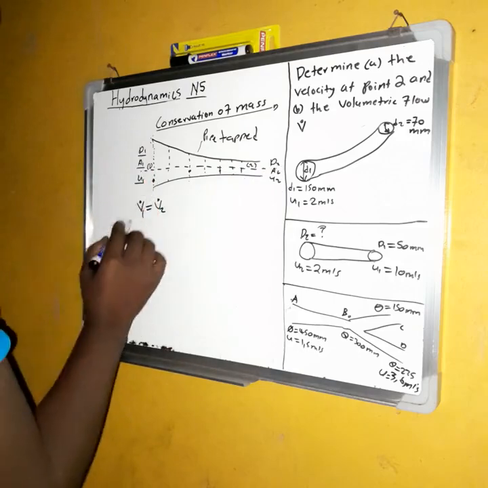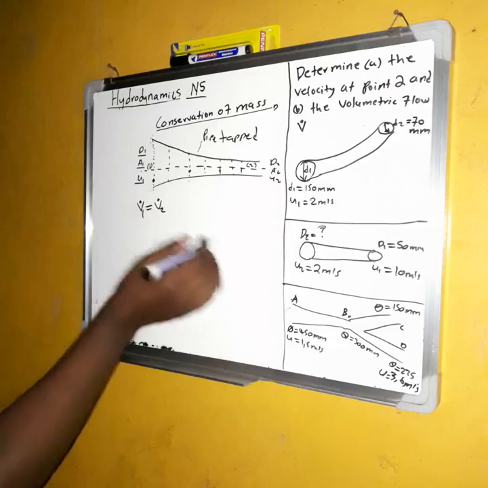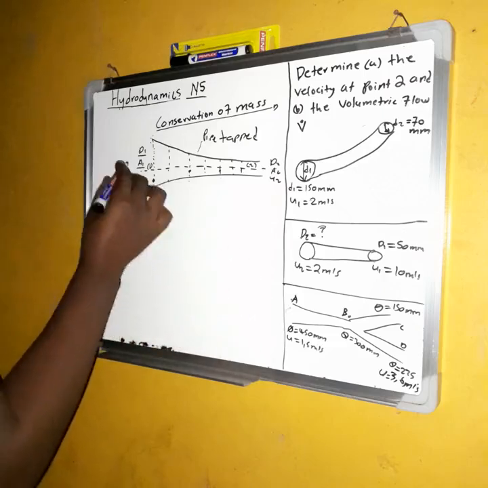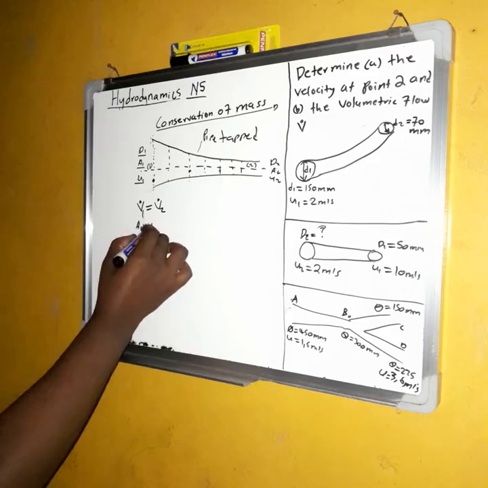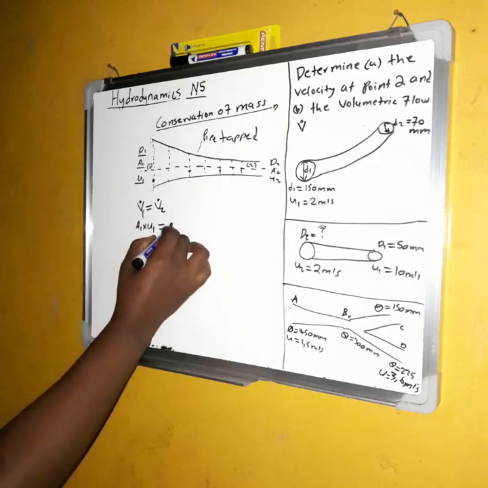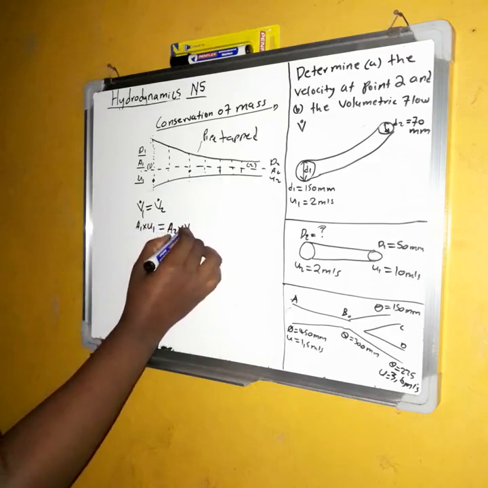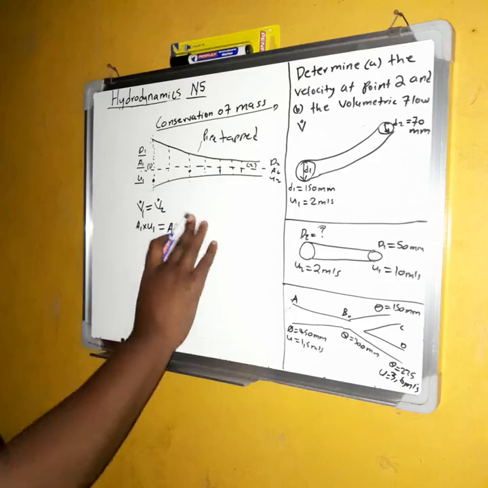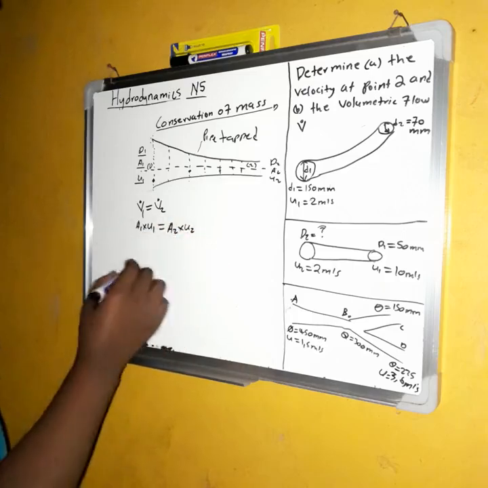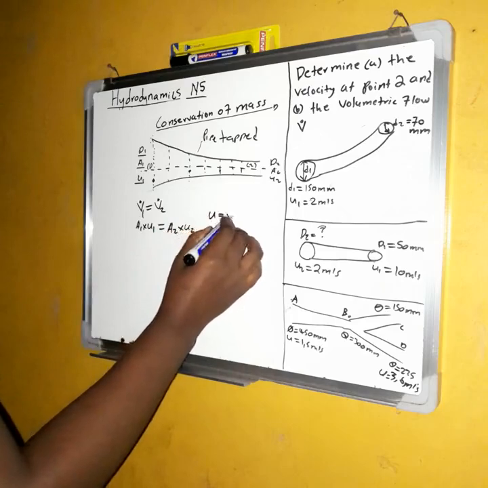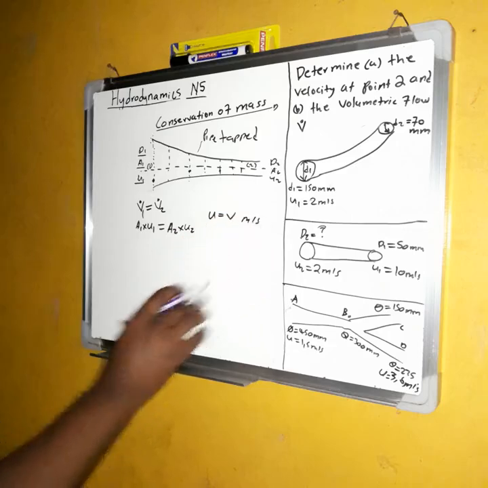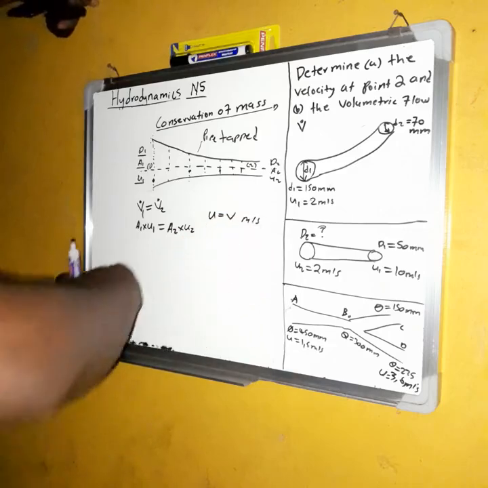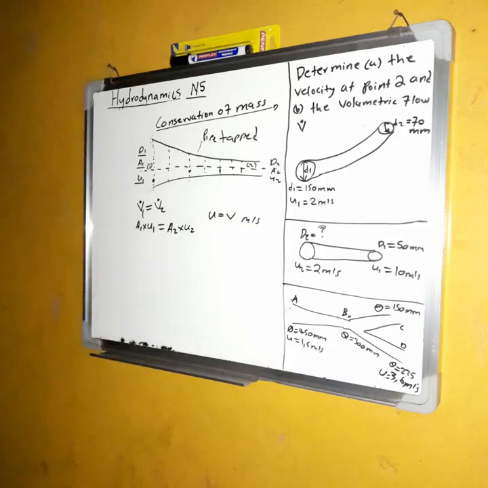And we know this is given by area 1 multiplied by velocity 1 is equal to area 2 multiplied by velocity 2. This U is equal to velocity, which is measured in meters per second. So you must know that is the conservation of mass. We'll apply the continuity formula.